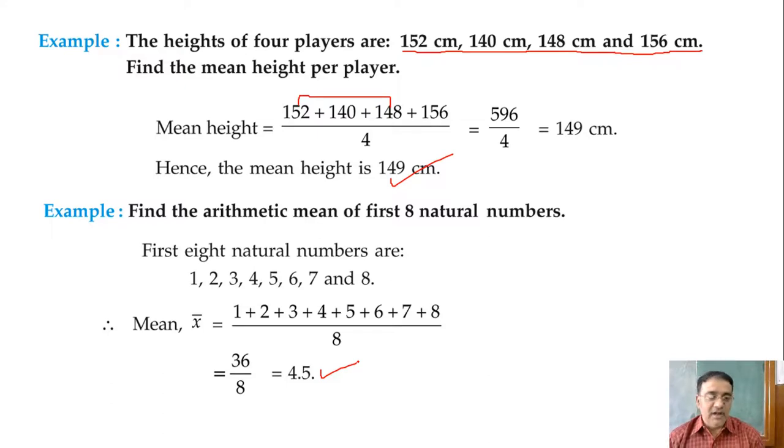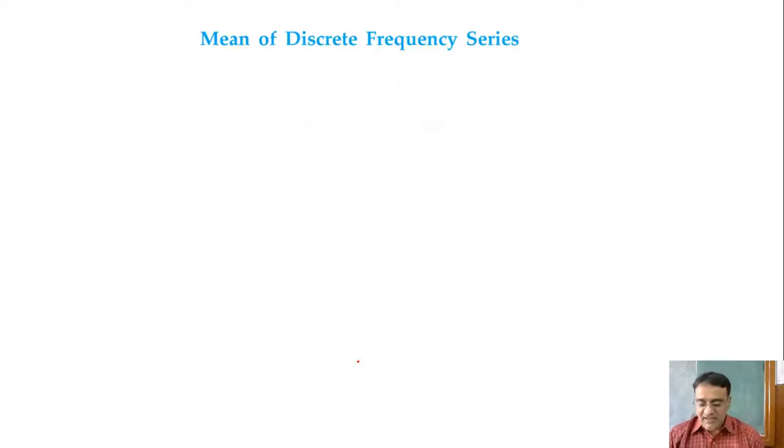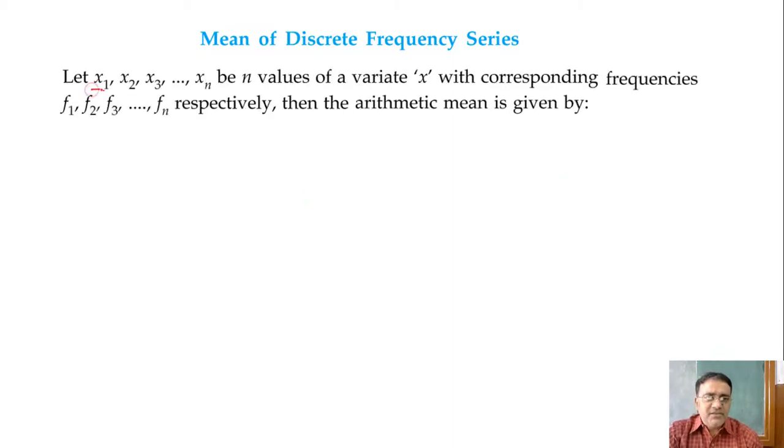Okay. Now in class 9th, we are going to study mean with respect to frequency distribution for ungrouped data. ठीक है, this is for ungrouped. So suppose x1, x2, x3 up to xn are n variates, and these are the corresponding frequencies.